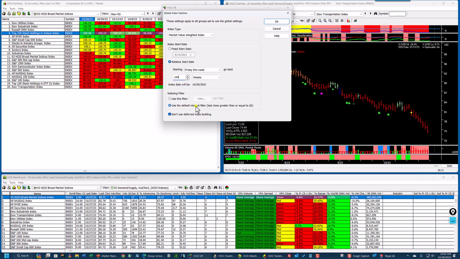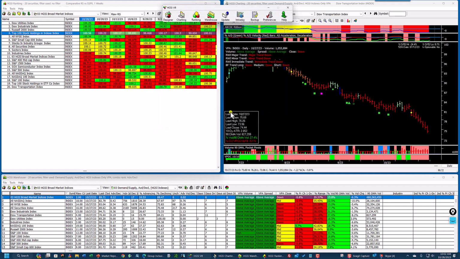And then use the default internal filter, last close greater than or equal to 5, so the indexes are made up of stocks $5 and above. And make sure this don't use deferred index building is checked. That's something that we just don't even use anymore. Okay, I'm going to cancel that.